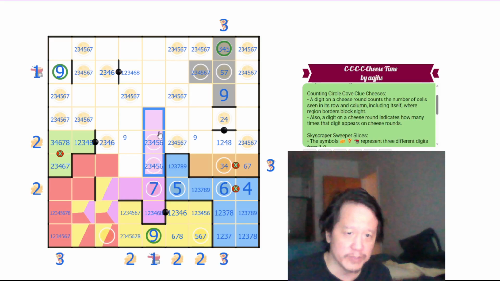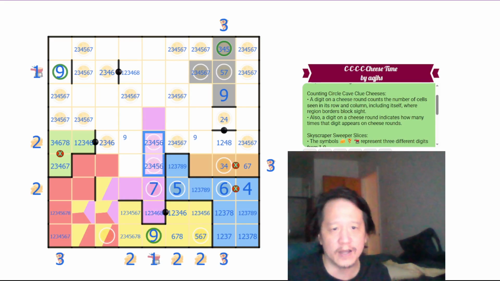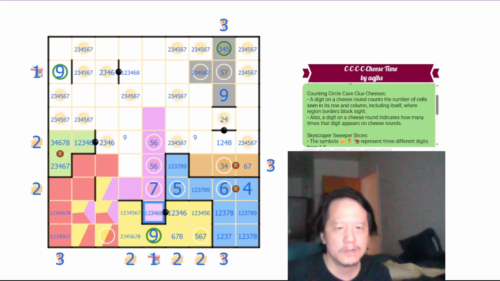But the problem is these would all see at least 5. So then this would have to be 5, 6 as a pair. That eliminates 6 there. So one of these would see 5, and the other one would see 1 more outside. So you'd have a boundary there.